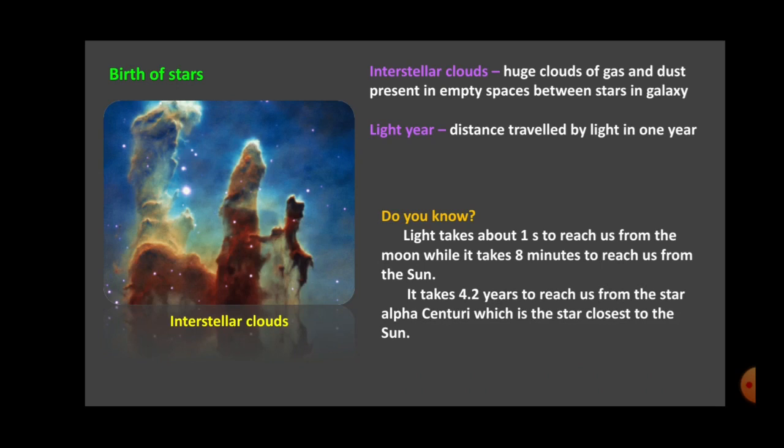Once the temperature and density at the center of the sphere increase, nuclear energy starts generating. Due to this energy generation, the gas sphere becomes self-luminous. It starts giving out light and a star is formed, or we can say a star is born.